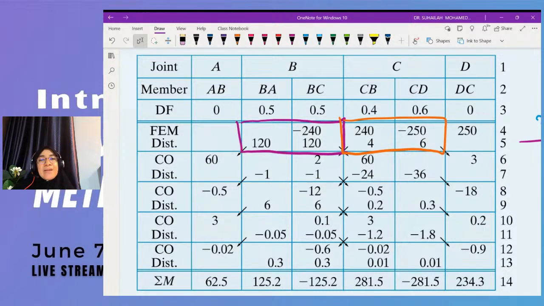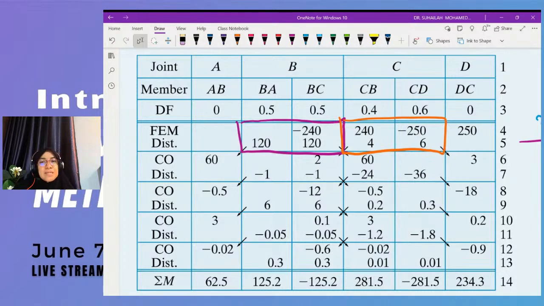We have to carry over the value by using the factor. The factor is 0.5 for fixed end and internal support.